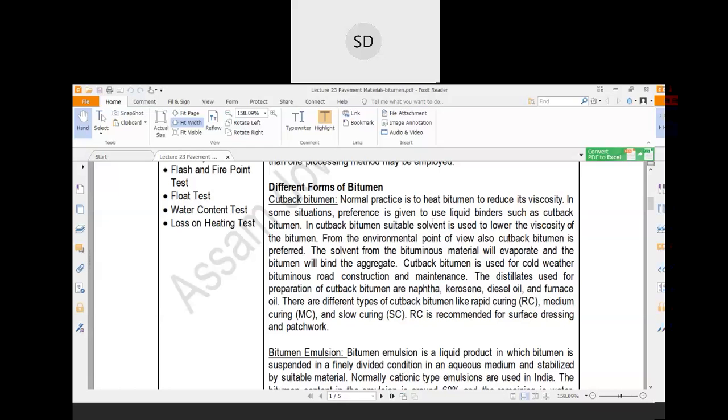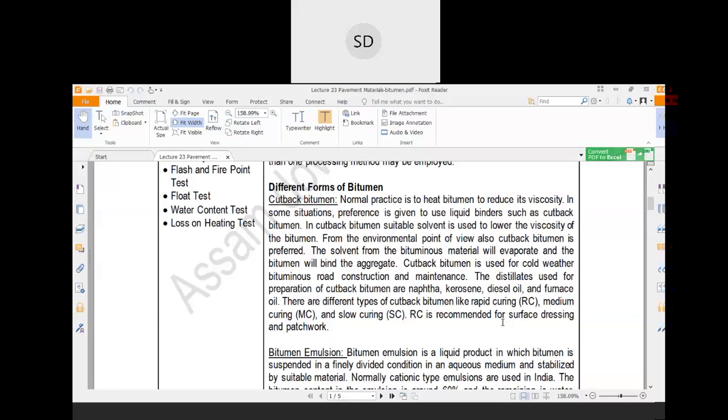As there are different types of volatile material, as per their properties there are different categories of cutback bitumen, basically categorized as rapid curing, medium curing, and slow curing. Rapid curing cutback bitumen has a very short curing time, medium curing takes medium time to cure, and slow curing takes a longer time.